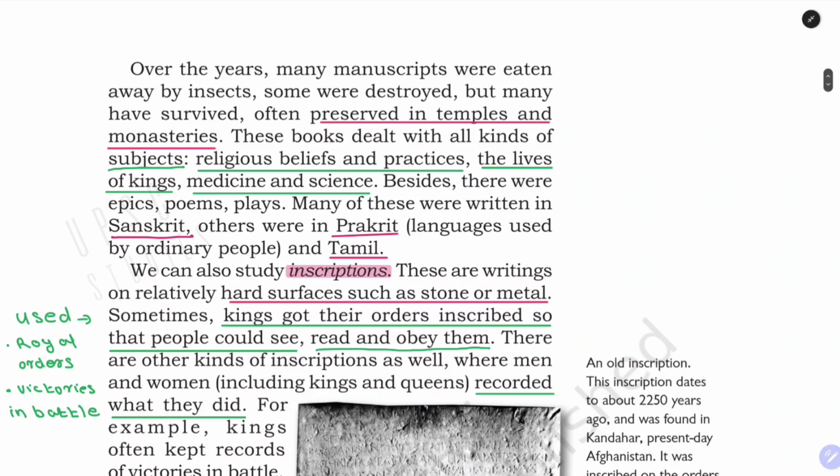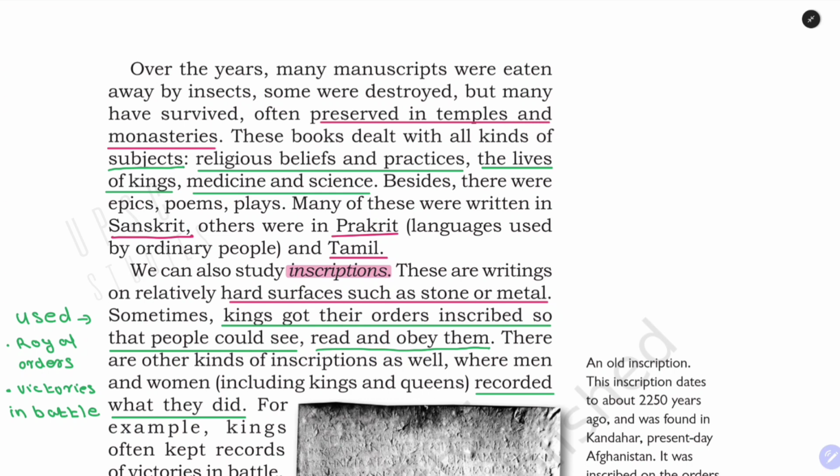How do we know about all these manuscripts? Yes, they are preserved. Many were destroyed, maybe eaten away by insects, but some of them were preserved in temples and monasteries.